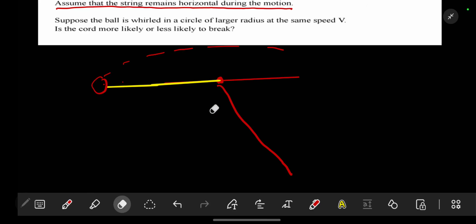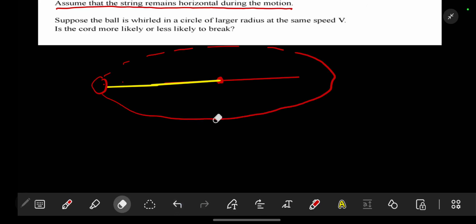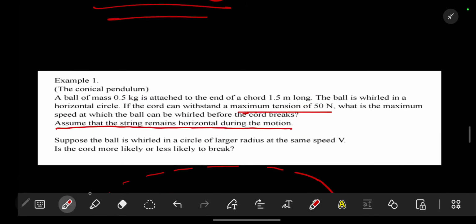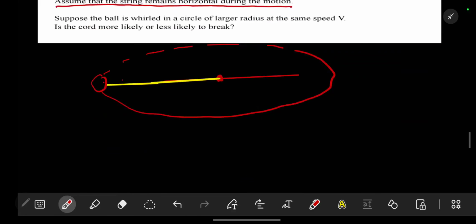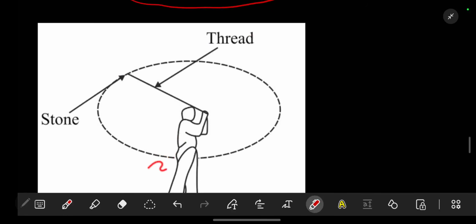Be very careful when you just hear the word. It is perfectly horizontal. It means to say the angle is at 90 degrees. This could be a person like this. So you will find that the person will be moving like this.